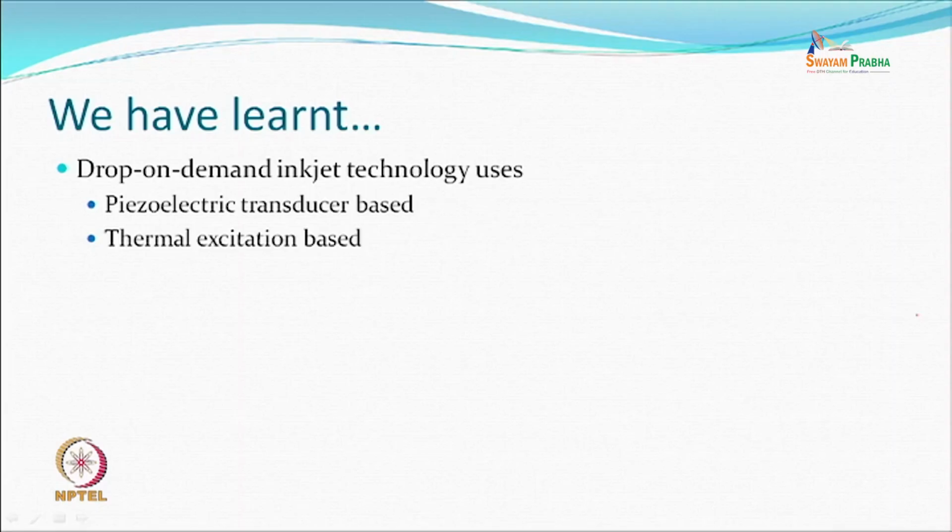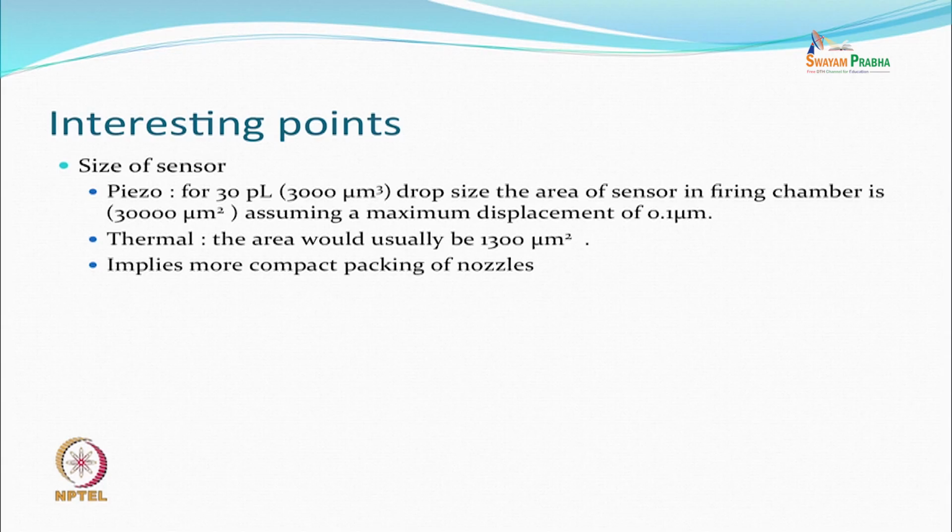So till now what we have learnt is that drop on demand inkjet technology generally uses either piezoelectric transducers or thermal excitation based transducers. These are the 2 major ones. Others are available but may not be used to such an extent. So let us look at a piezo.